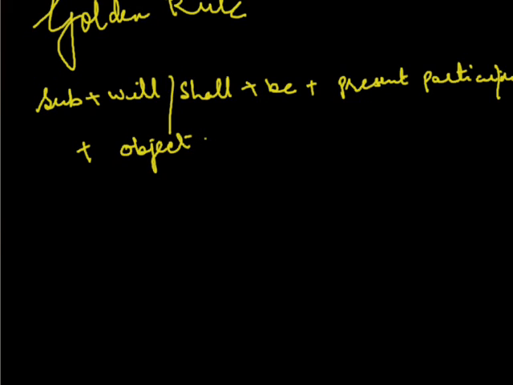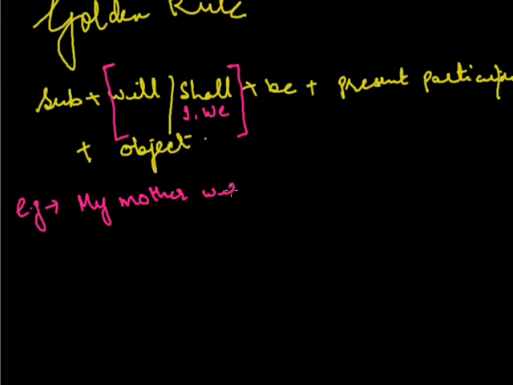So, when we use will and when we use shall, because I have told you all, it means either will come or shall will come. So, shall comes with I and we, and will comes with rest of the subjects. Okay? So, now I want to give you example. My mother will be joining her office tomorrow.